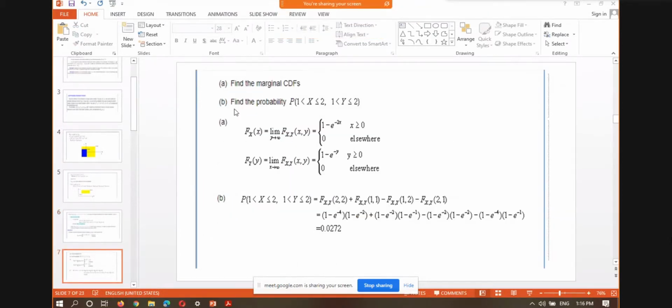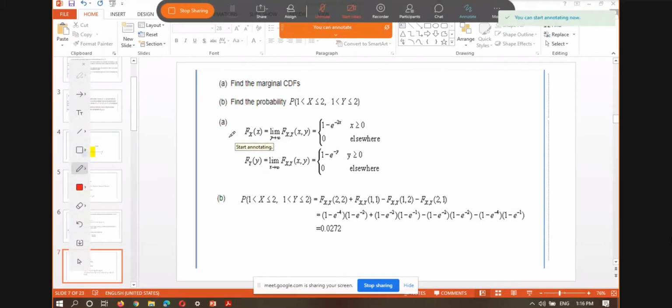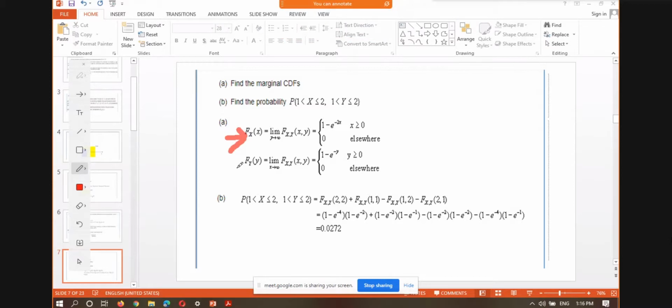Now from this, in this problem, we have to calculate the marginal distribution function. Marginal distribution function means we have to calculate the distribution function for x. So if I want to calculate the distribution function of x, then I have to make y plus infinity. So I have taken the limit y goes to plus infinity in the definition of the joint distribution function of x and y.